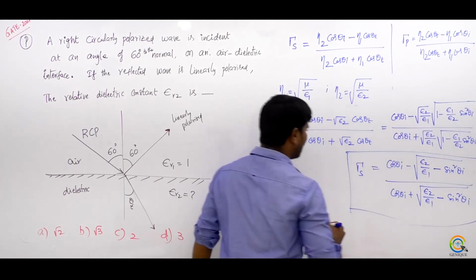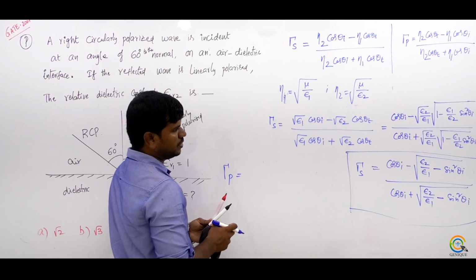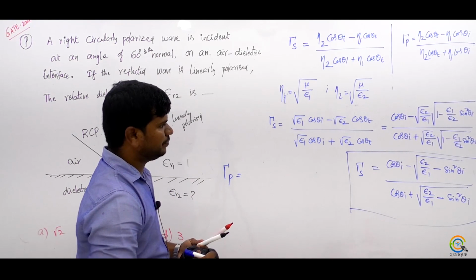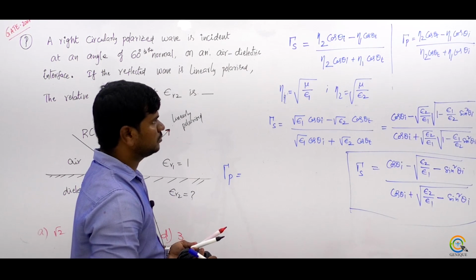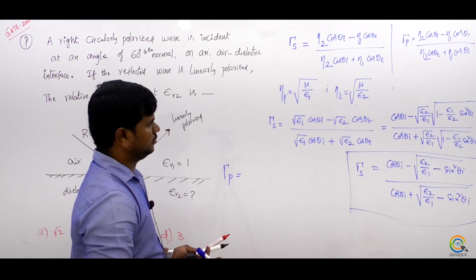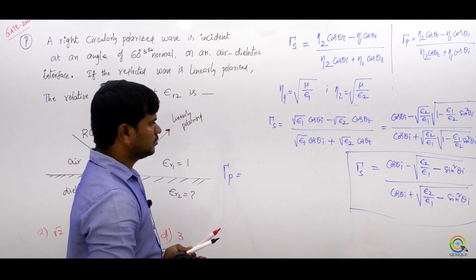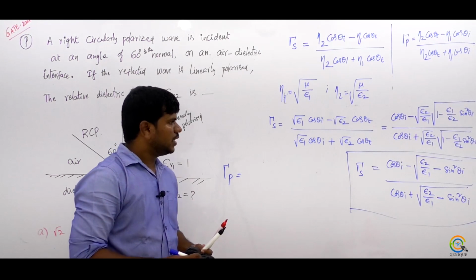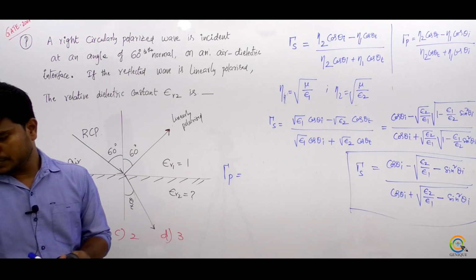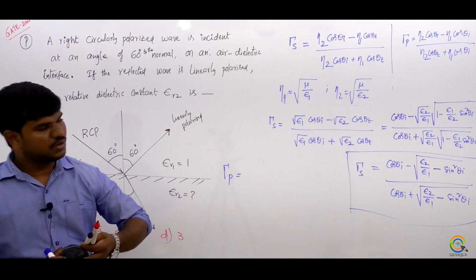Okay. So similarly, this is gamma S. What will gamma P be?